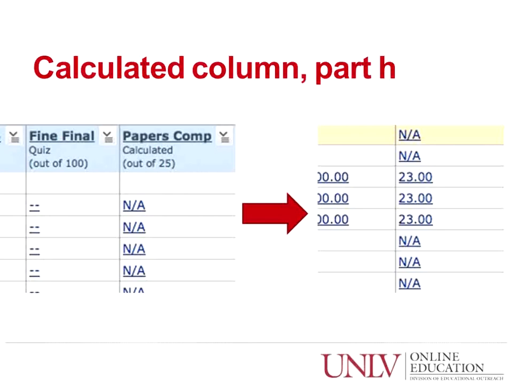So before, it just said NA, NA, NA because there was nothing available. And so for our three characters, 33, 34, and 35, you now have these points that were assigned based on the papers comp column. If everybody's still with me so far, please raise your hand.